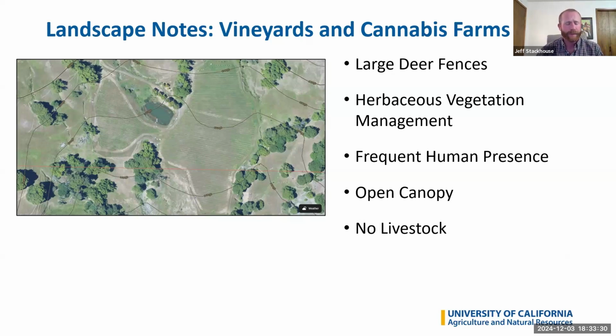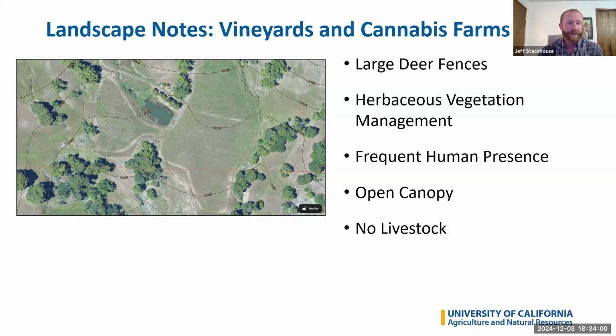So the other place that I think is notable, where we see good transition from seedling to sapling and sapling to mature trees, is in our vineyards and our cannabis farms on the North Coast. And what are some of the attributes that those two landscape features have? One is a large deer fence that's typically very well maintained.